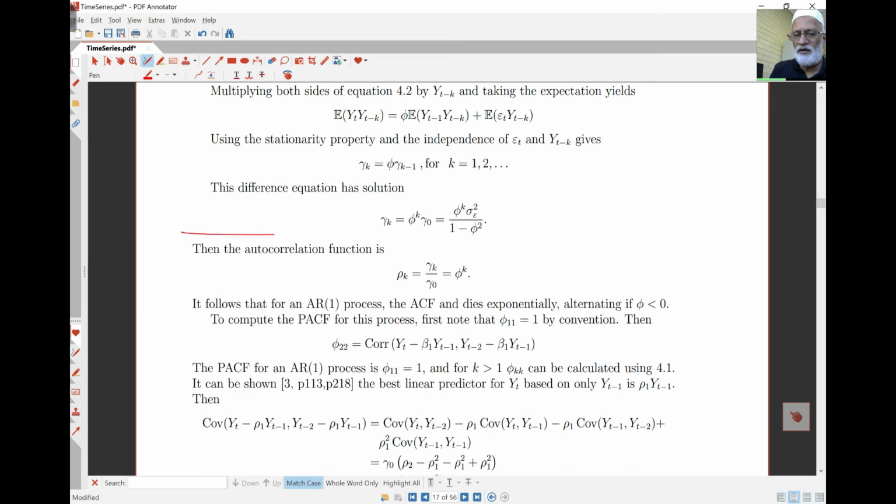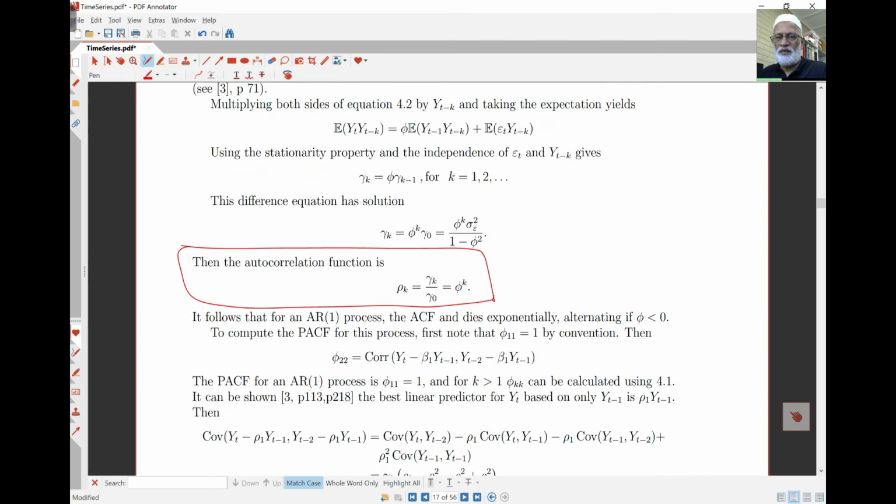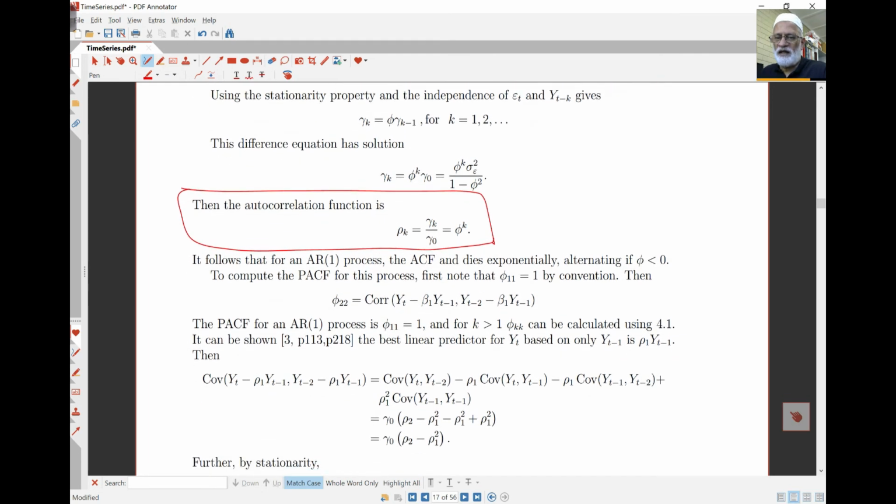The main idea here is the autocorrelation function is just phi to the k. So if I'm looking at the autocorrelation at lag k, between yt and yt minus k, k lags away, then it's just phi to the k. In other words, it dies down exponentially. So if phi, for example, is a value between 0 and 1, it is just going to go down exponentially. If phi is negative, what happens is it alternates.